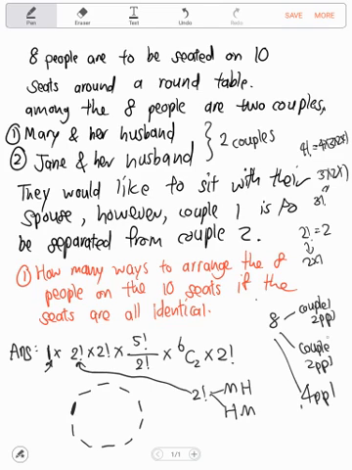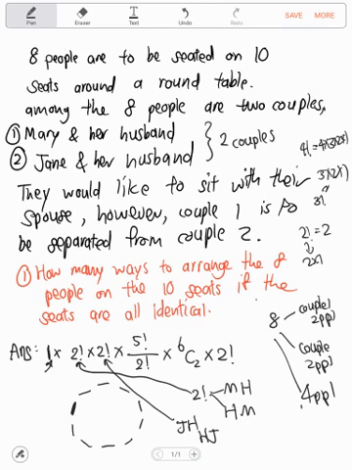And then we arrange the other couple, which is another 2 people, Jane and her husband, side by side. So there are 2 ways. So I will do another 2 factorial. Because these things are all happening together, I use the multiplication principle.